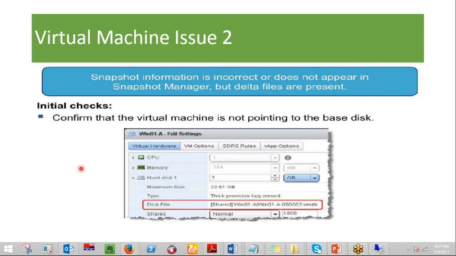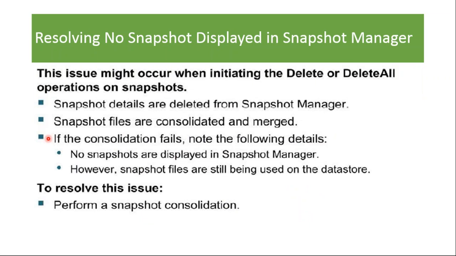Okay. Moving to the next slide. Resolving no snapshot displayed in Snapshot Manager on your virtual machine. This issue might occur when initiating the delete or delete all operations on a snapshot.